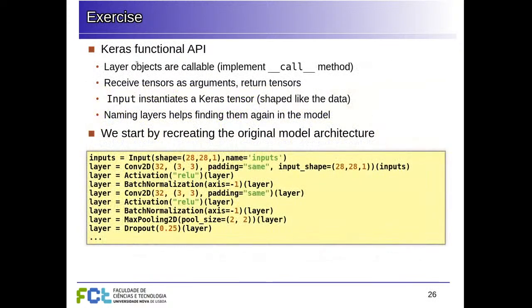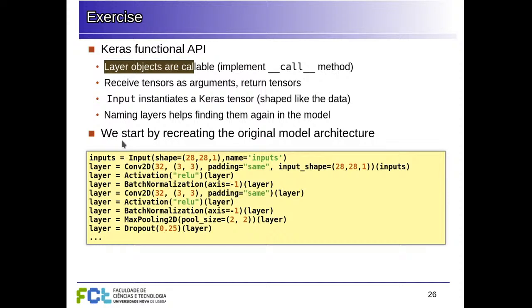Now we're going to use the functional API to create the same model that we did last week. And the functional API is simple to use also in that all the layer objects, those layer objects that you were creating in the sequential API to put into the model using the add method to add new layers, these objects are callable. They implement this call method, so they can be used as functions in Python.